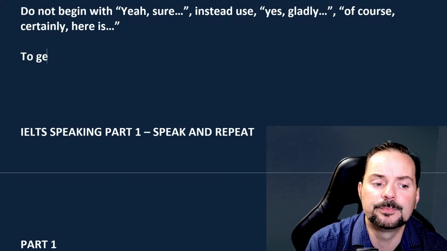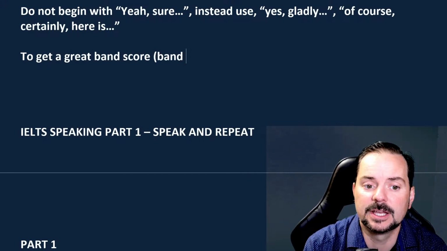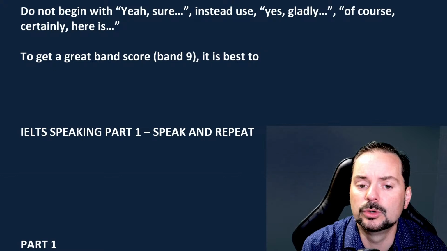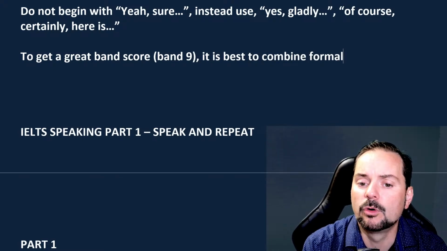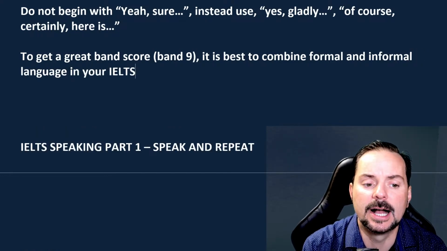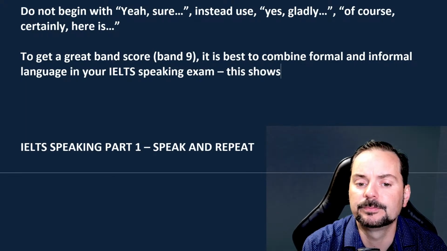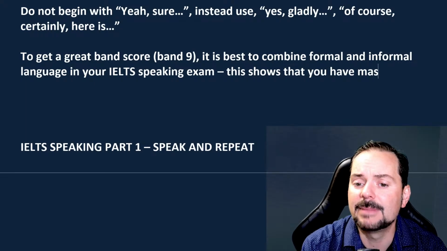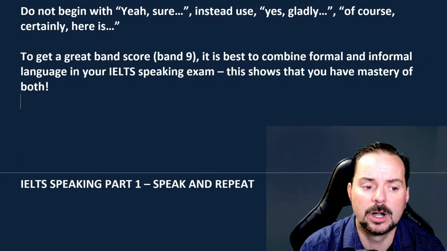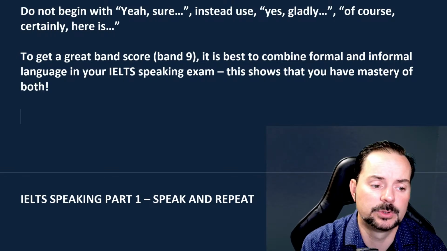So to get a great band score, band 9, let's say, okay, it is best to combine formal and informal language in your IELTS speaking exam. This shows that you have mastery or command of both. Okay? All right. So it is okay to use the words sure, wanna, gonna, okay?